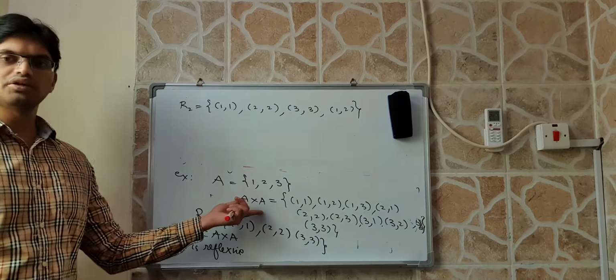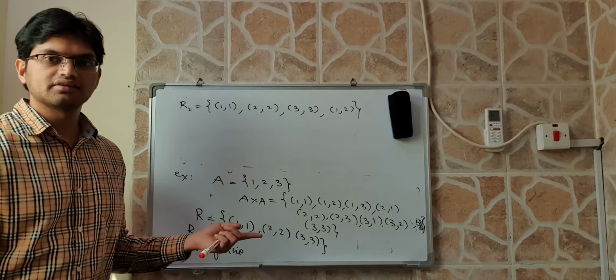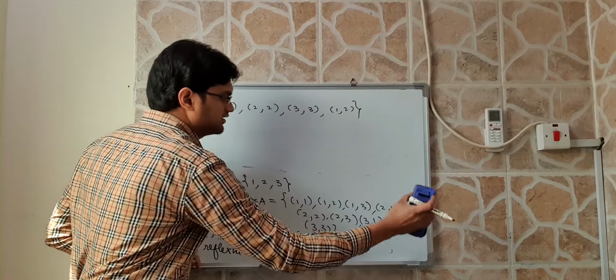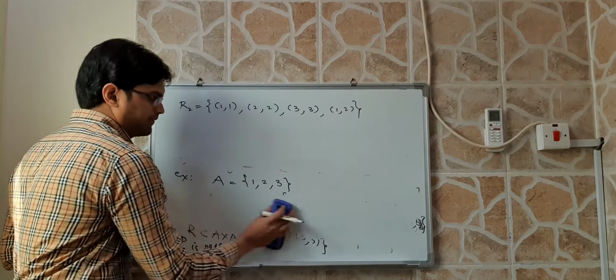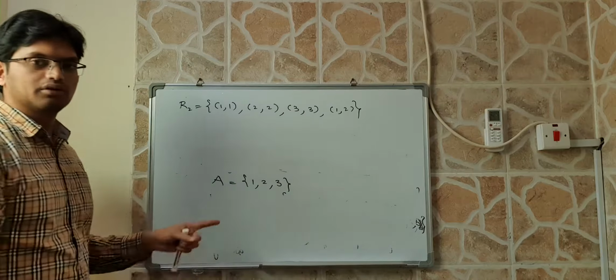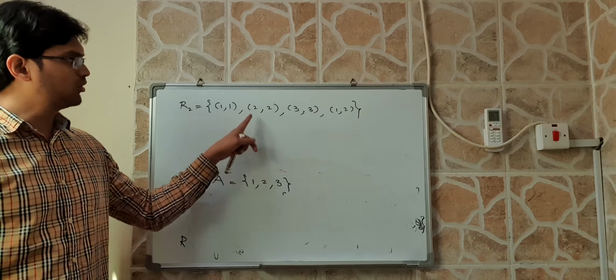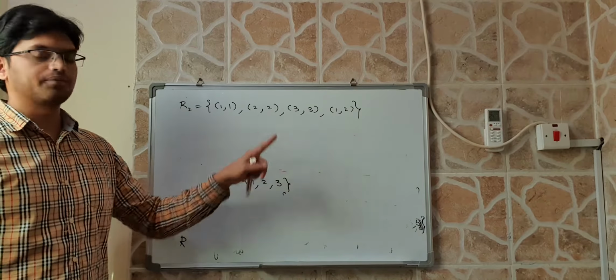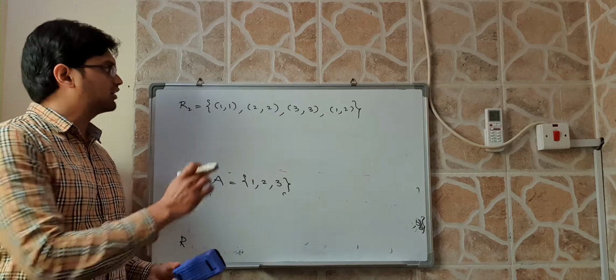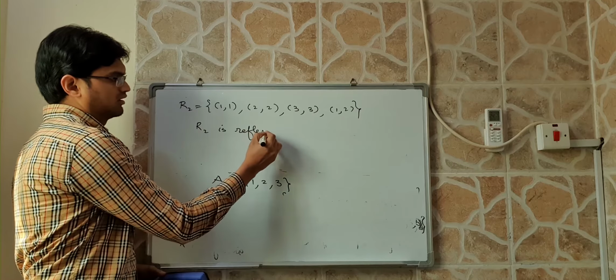This is also a subset of A cross A and it is also satisfying all the conditions. This is our set A, {1, 2, 3}: (1,1) is there, (2,2) is there, (3,3) is there. So R2 is also reflexive.